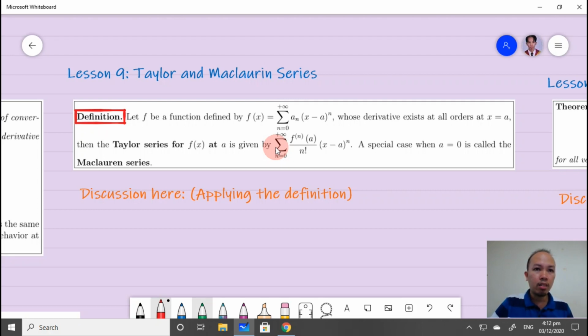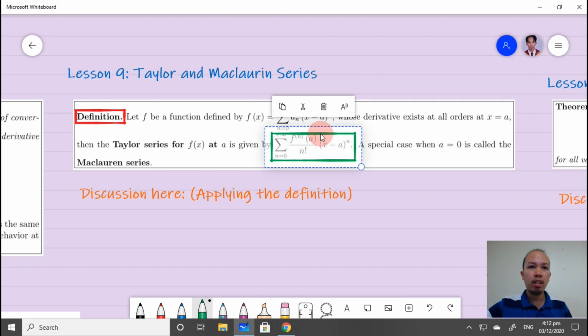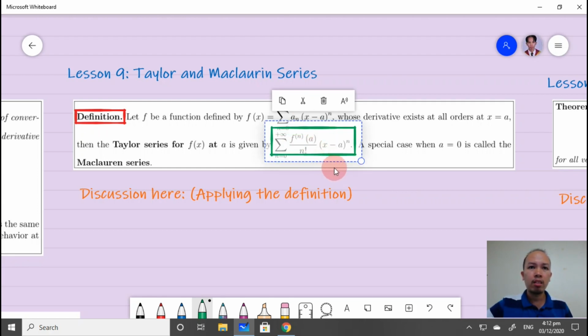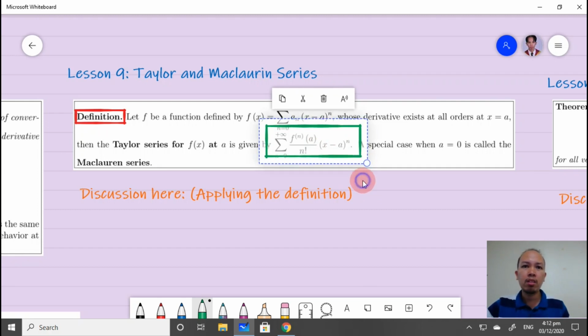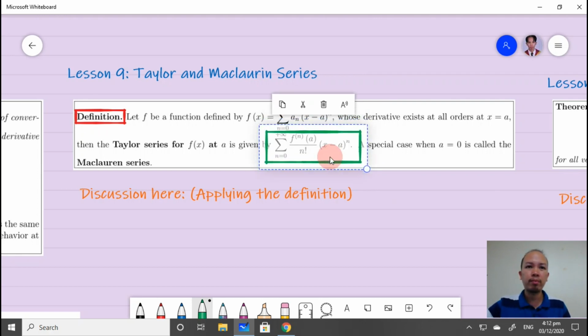This is the form of the Taylor series. This is the Taylor series of the function f of x at a.